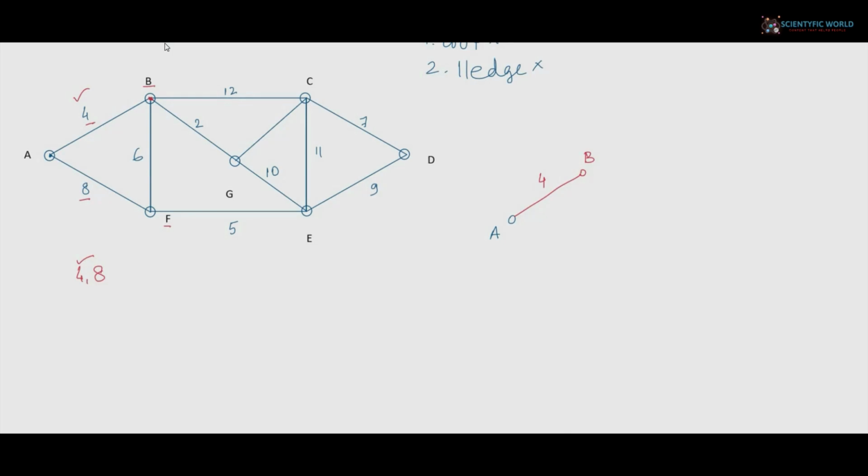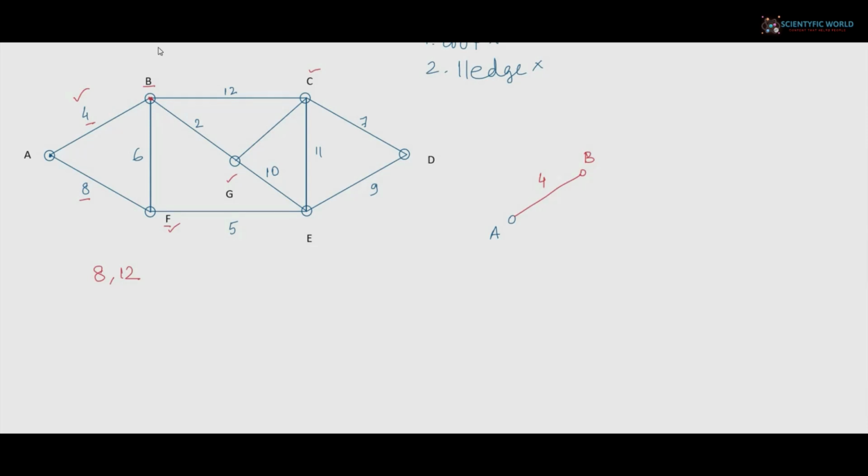Now we will check all the adjacent nodes of A as well as B. The adjacent nodes of B are C, G, and F. So this edge has a weight of 12. So we will write 12 here. And before doing that, we will remove 4 from here.